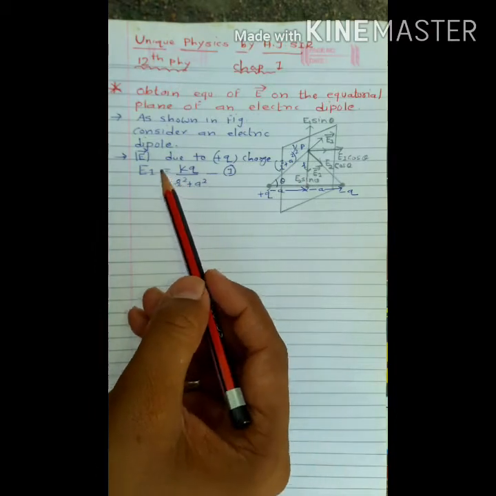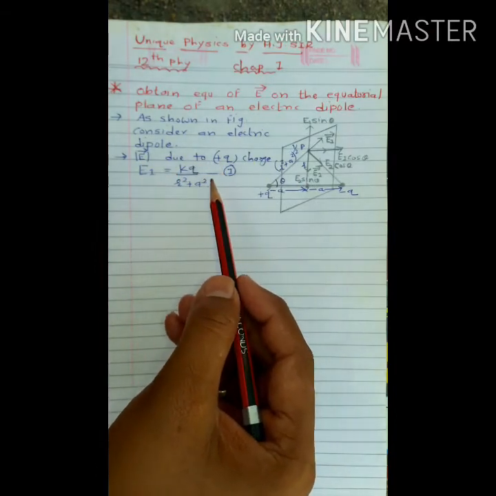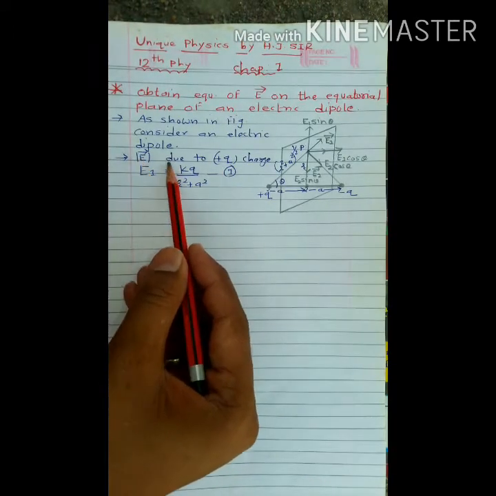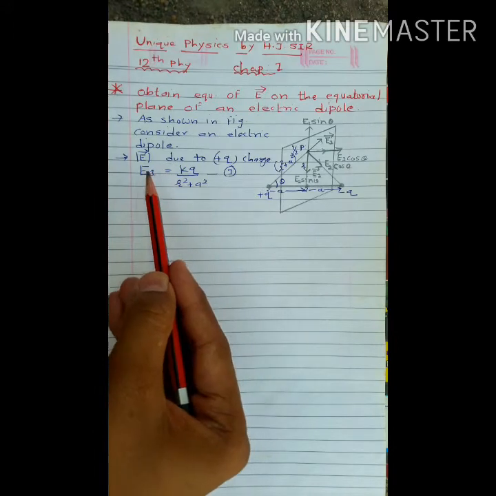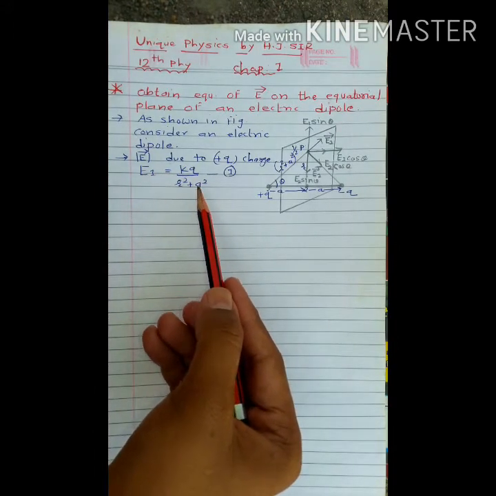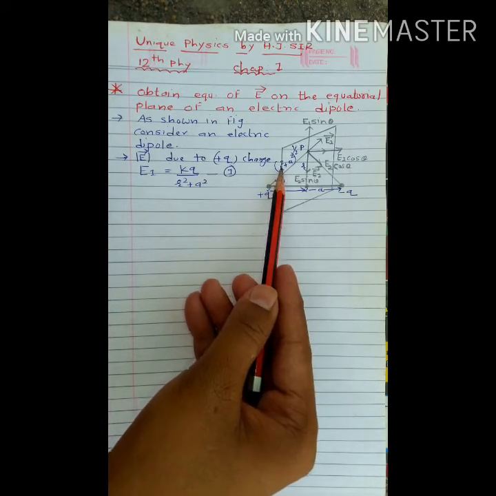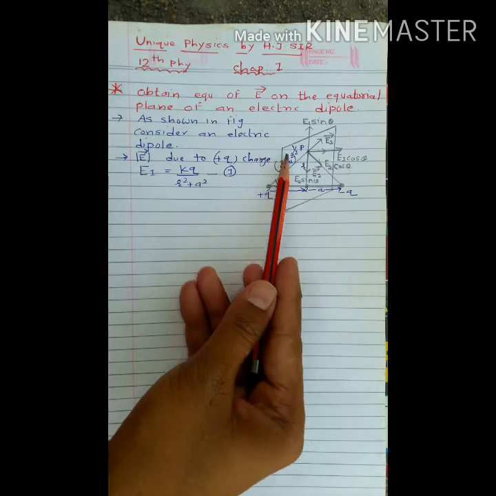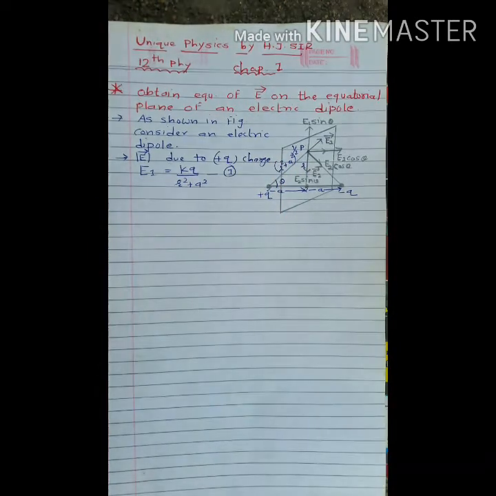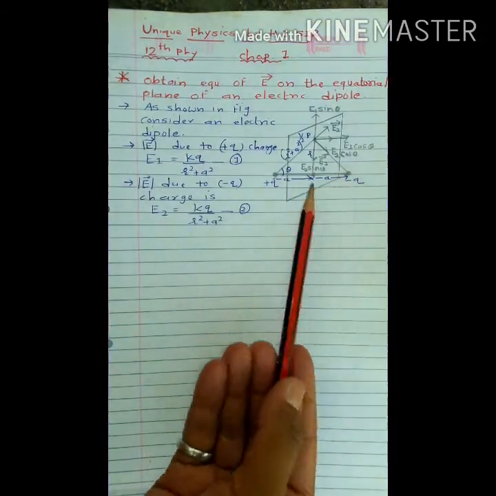Now first of all, the electric field due to plus q charge. Here we consider only the magnitude. So the magnitude of electric field due to plus q charge is given by E1 equals kq upon r square plus a square. This is the value of distance; we want the square of distance, meaning the square of (r square plus a square) raised to 1 by 2, so it becomes r square plus a square. Here we have minus q charge also.